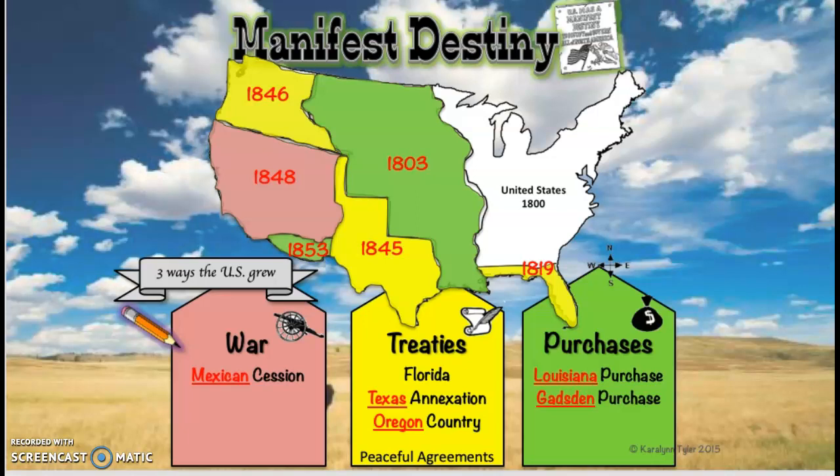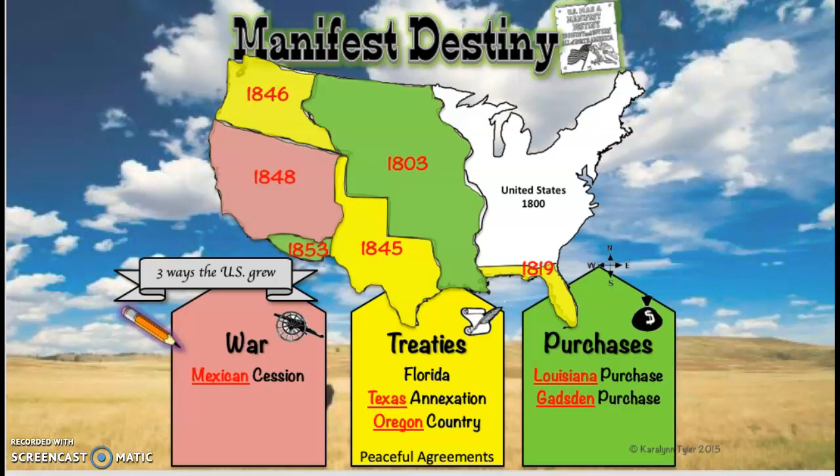This is where you'll want to maybe pause the video and do some coloring. Notice that for each of the different ways that we were able to expand our country, there are different areas of the country that match that color.